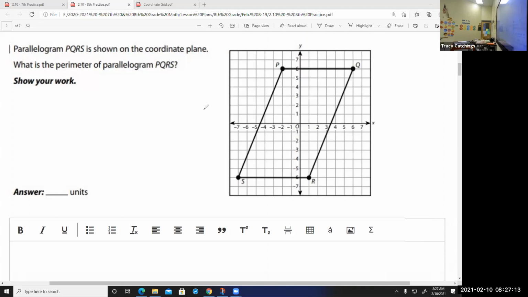What do I already know the value of? The points. What points?